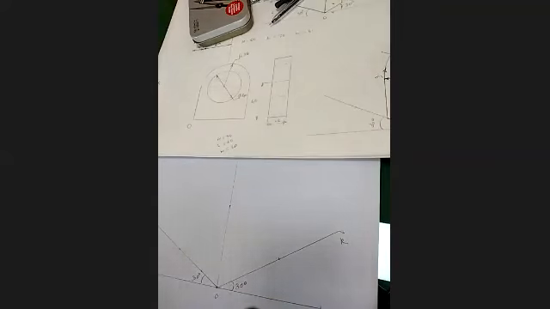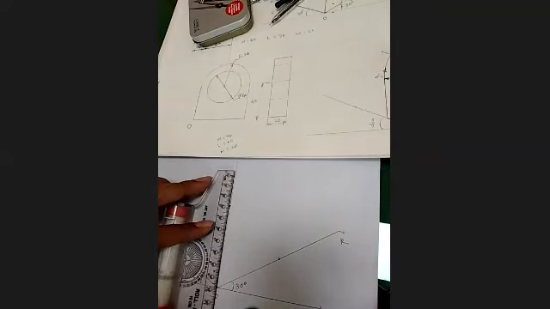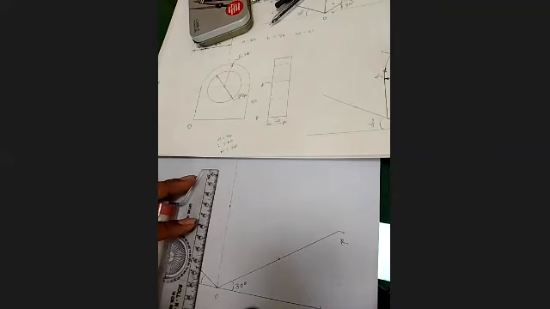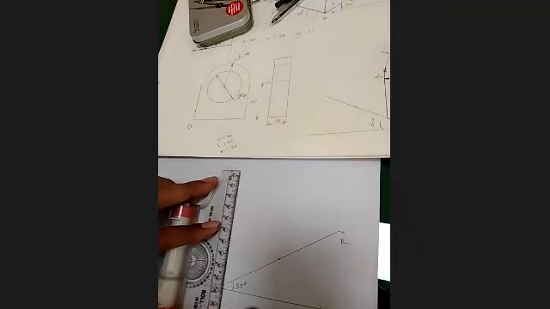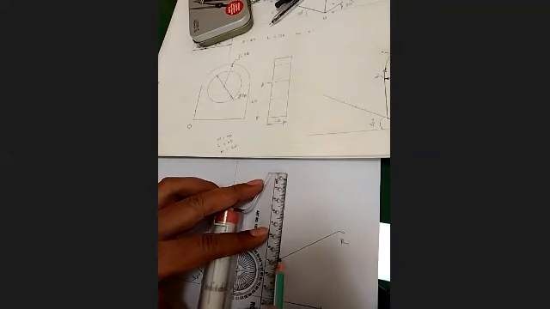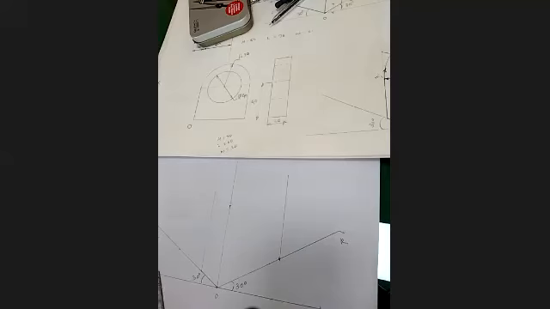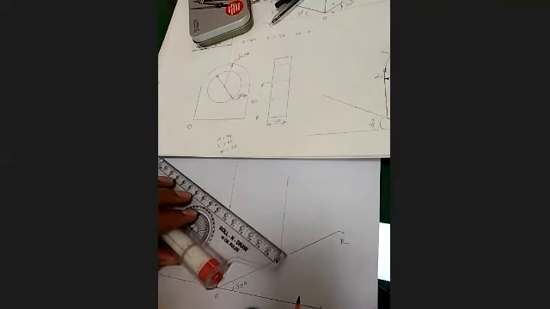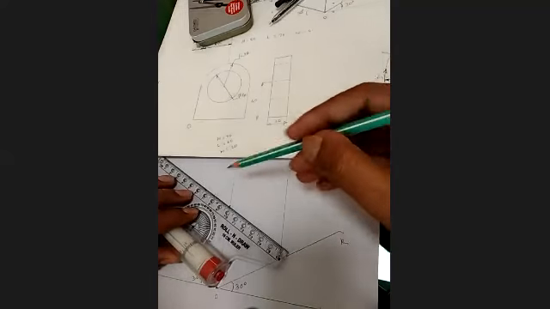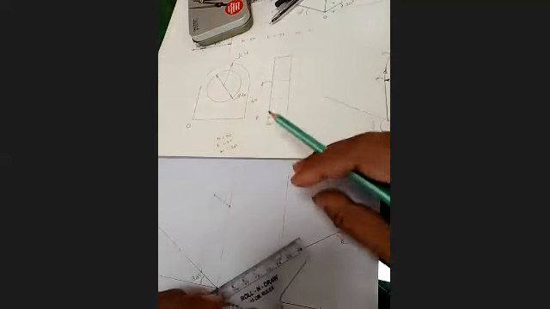Then with reference to this, we will get the box first. I will align this edge with the vertical axis and take a vertical line. Then I will move the roller scale and align with the left axis, and draw a line parallel to the left axis from the height point.